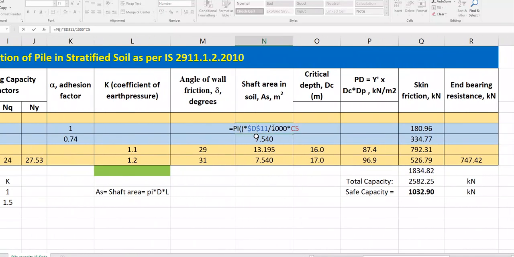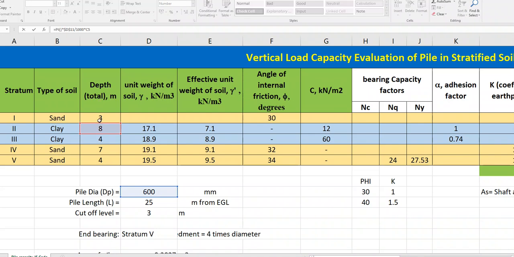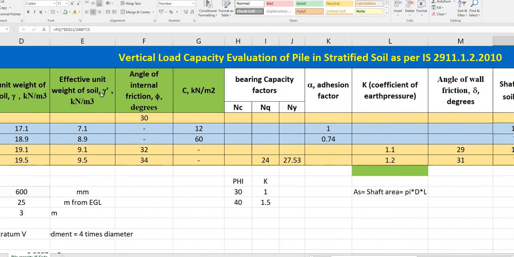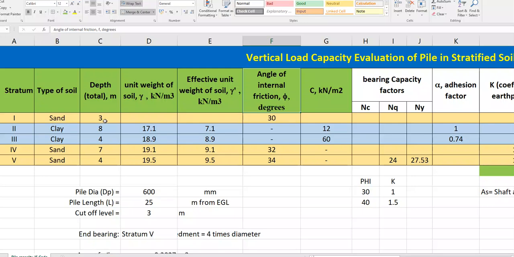So divided by 1000, because we want to convert it into meters, and then into C5. What is there in C5? C5 is the total depth, the thickness of the stratum. Actually, I'll modify the title of this column as thickness of stratum. Okay, that looks better.